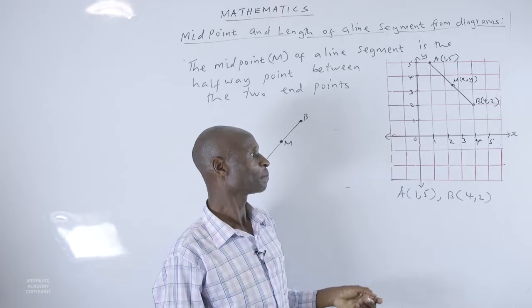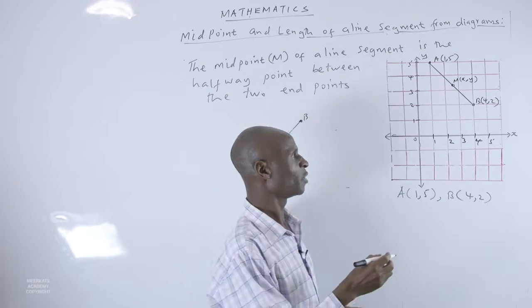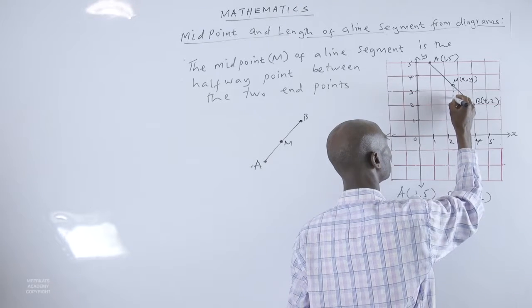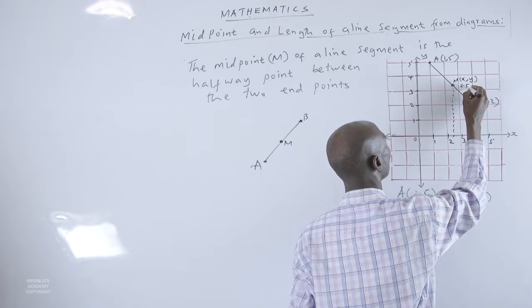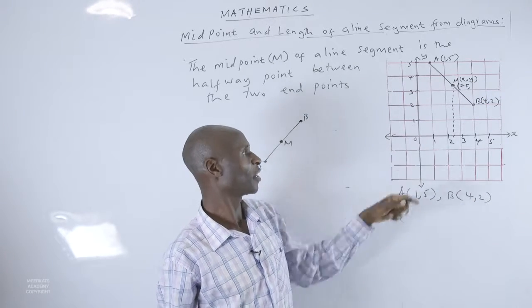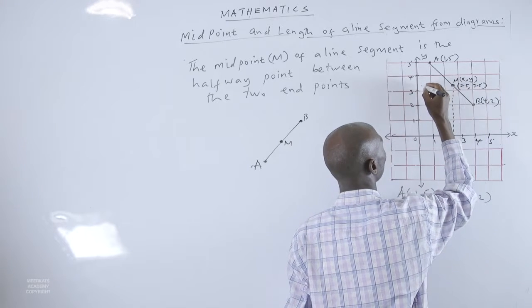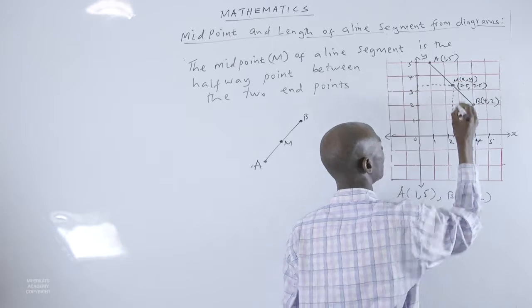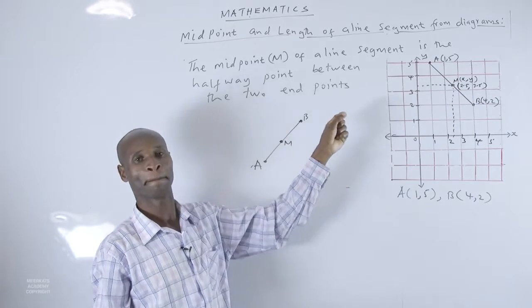So by inspection, the X will be 2.5, then the Y will be 3.5. That is by inspection from the diagram.